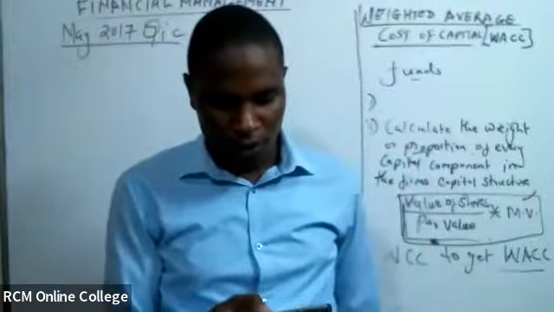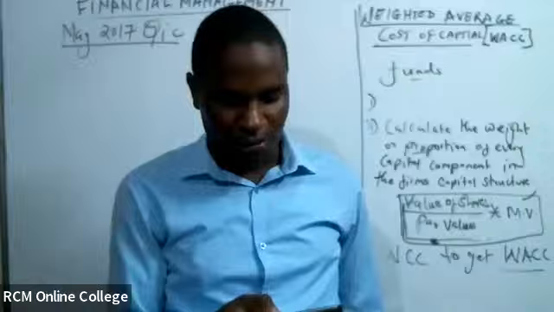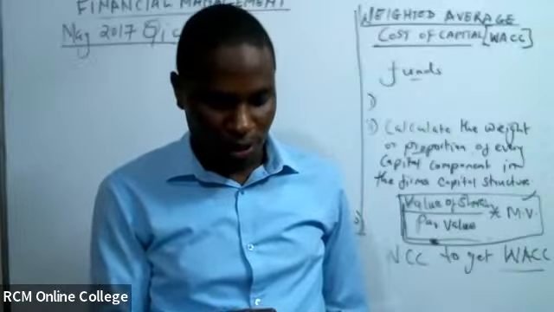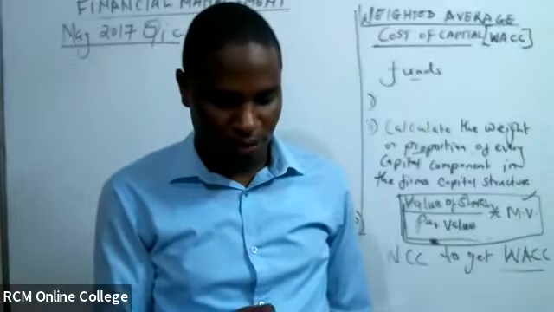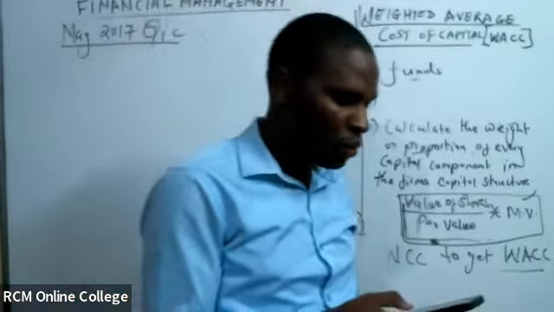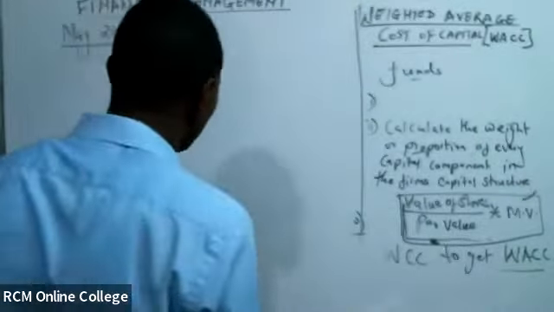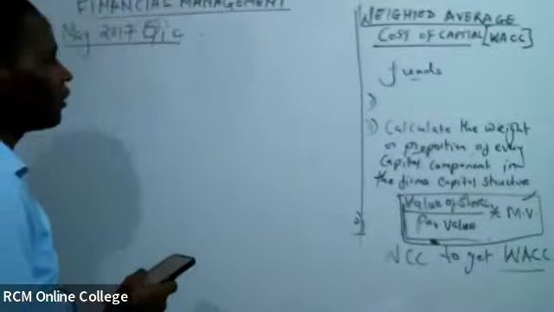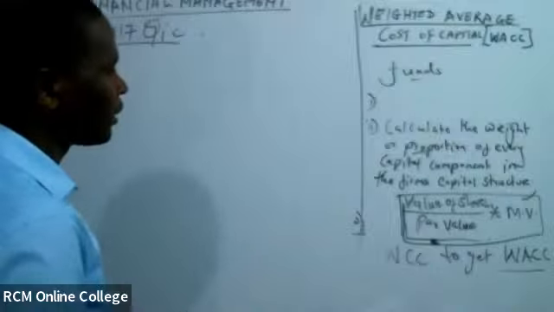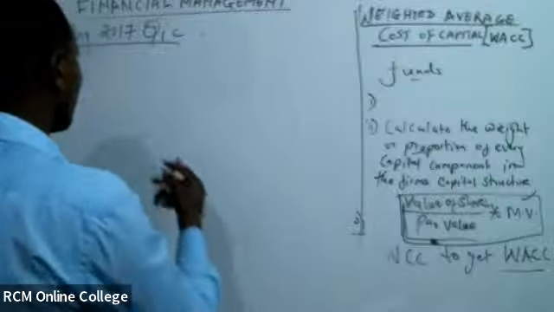And then the cost of ordinary share capital, the cost of 10% debenture, the cost of 8% preference share, and then the WACC of the firm. That's a very standard question. It's a question that will help us to know more. So I call upon everyone to be very keen to see how we are tackling this. So class, we need to compute the growth rate.